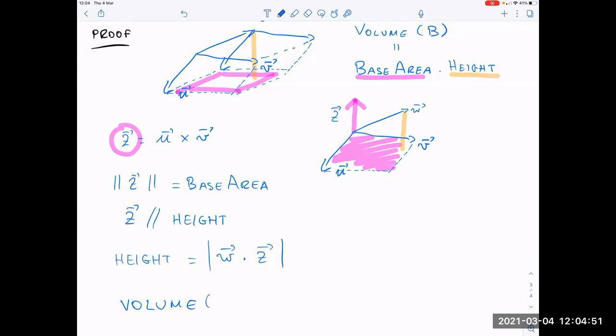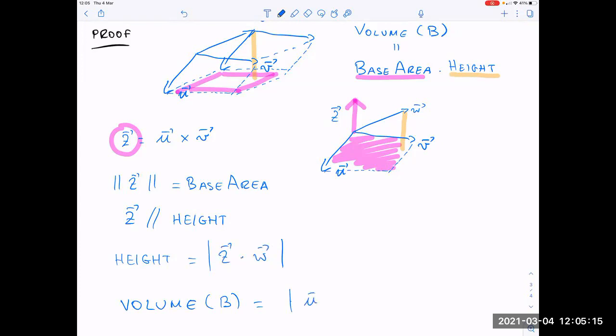So the volume of B in the end is going to be what? We said W, so absolute value of Z, and let me write this Z.W so we don't have to change on the top, sorry.